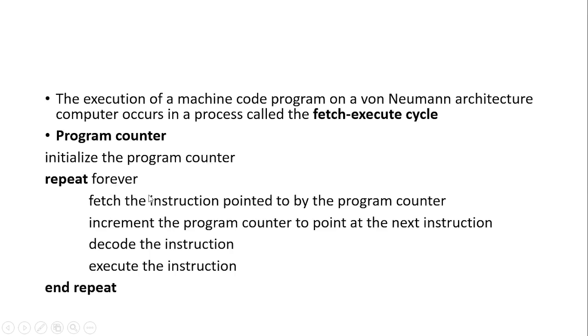Fetch the instruction pointed to by the program counter. The program counter contains the address of the next instruction to be executed, so we fetch from there and increment the program counter to point at the next instruction. After fetching the instruction pointed to by the program counter, its value should be incremented to point to the next instruction.